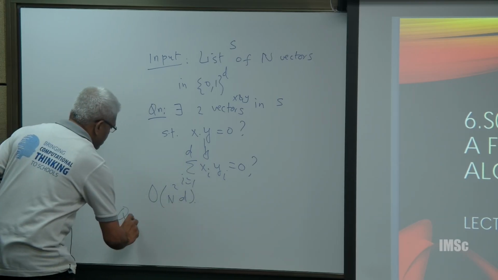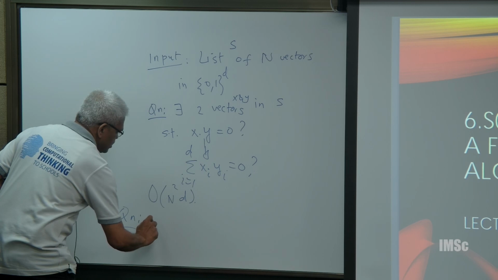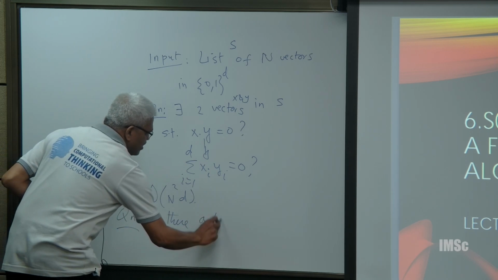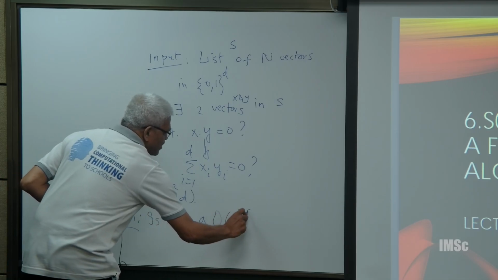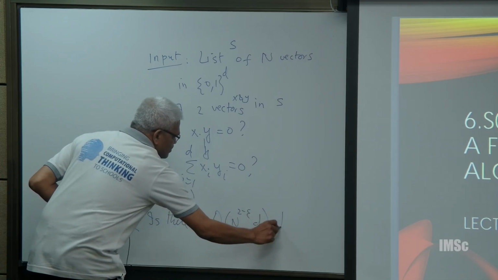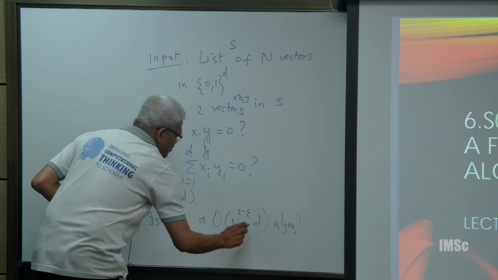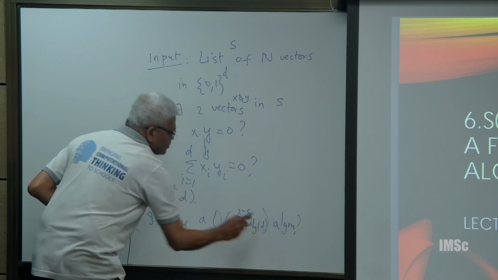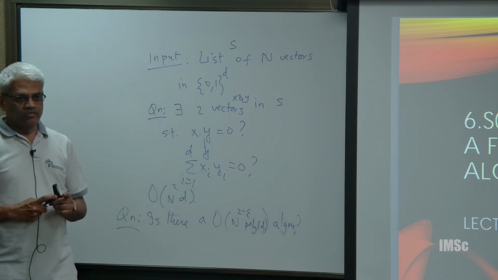And the question I want to add is, is there an n power 2 minus epsilon algorithm? Not even poly in d, whatever. So, we do not know this.